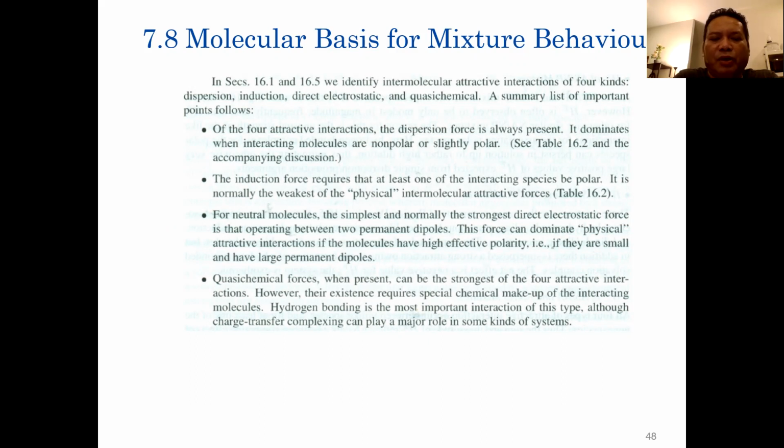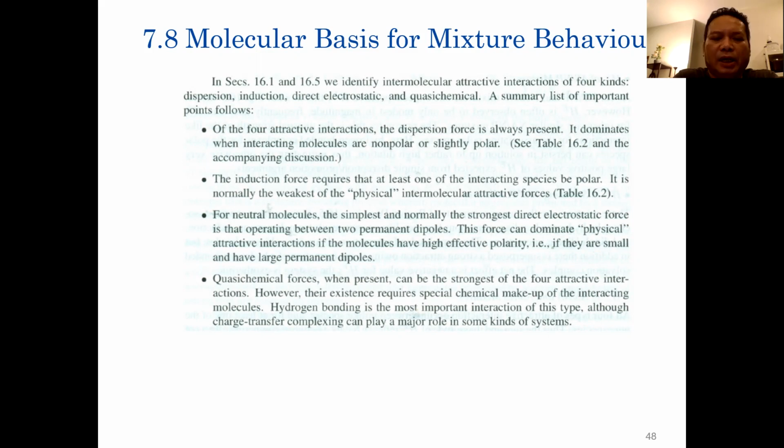For neutral molecules, the simplest and normally the strongest direct electrostatic force is that operating between two permanent dipoles. These forces can dominate physical attractive interactions if the molecules have high effective polarity.